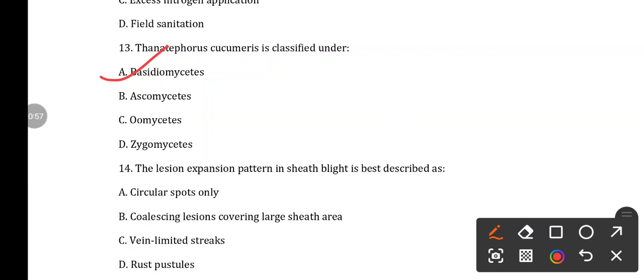Option B, coalescing lesions covering large seed area. Option C, winding streaks. Option D, rot pustule. Here the answer is coalescing lesions covering large seed area. Wherever blight is written, it means initially the spots will be smaller only, but later they coalesce to cover the entire surface and cause the blighted appearance.